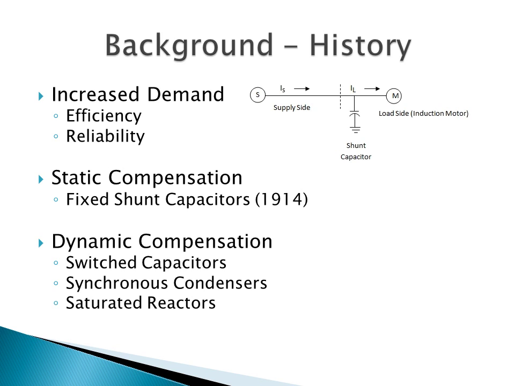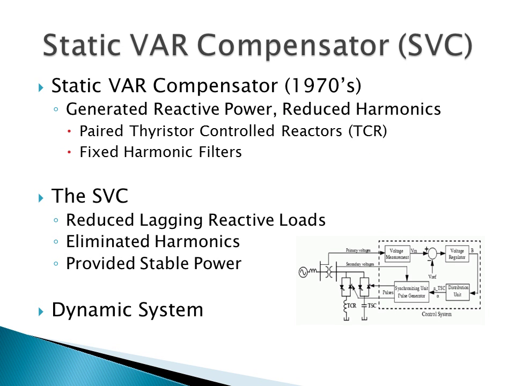The development of the thyristor made fast reactive compensation a reality. The static VAR compensator, or SVC, which was developed in the early 1970s, paired thyristor-controlled reactors, TCR, in parallel with fixed harmonic filters to generate sufficient reactive power while reducing harmonics.